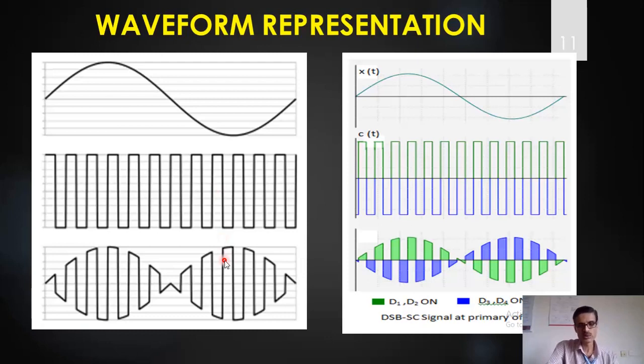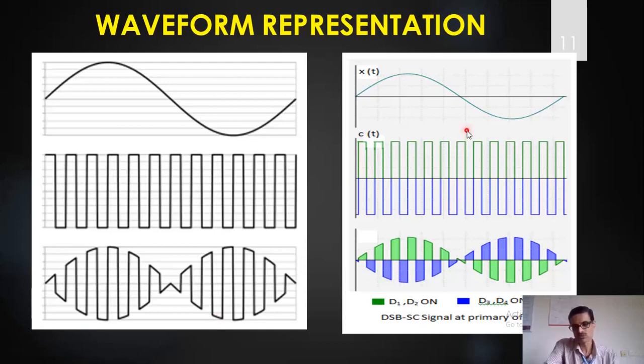It is 180 degrees out of phase. That's what actually happens. Just look at this. If this is positive, during the same instant of time I have a negative voltage. If this is negative, I have a positive voltage. So if I consider a negative voltage multiplied with a positive voltage, the output will be negative, right? That means it's a simple multiplication. So the multiplier always produces a double sideband suppressed carrier signal.